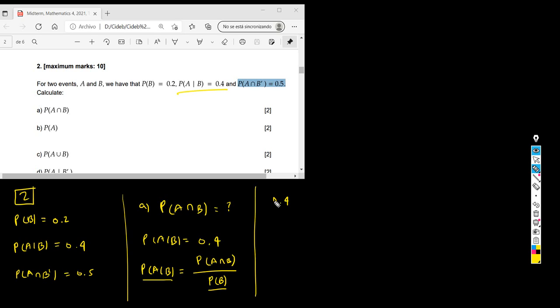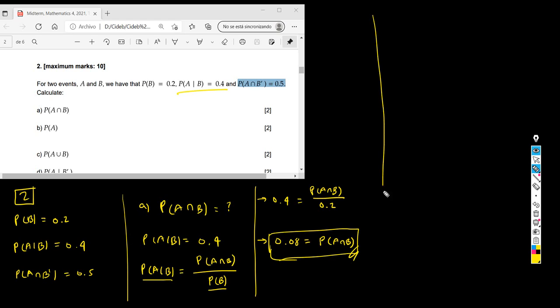Basically, all I need to do is replace, like so, and then just multiply both sides by 0.2, and this is what you're gonna get. This is the solution to question A.